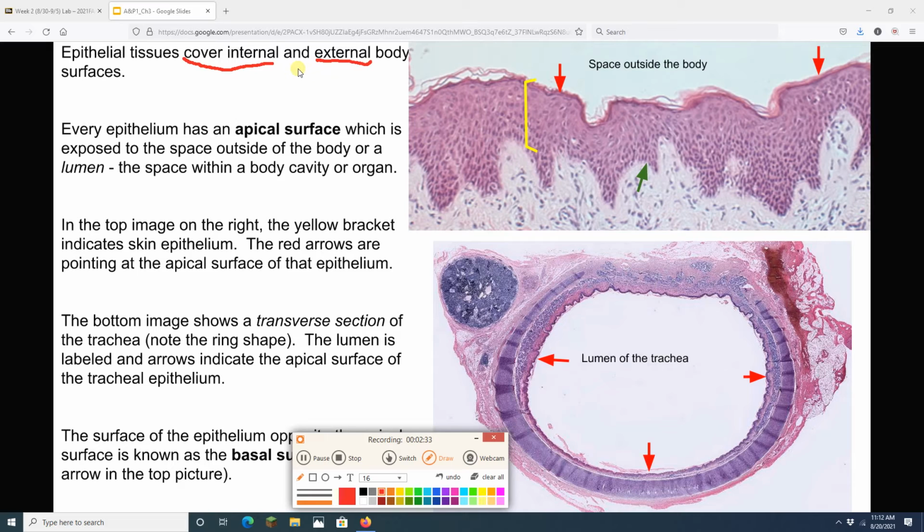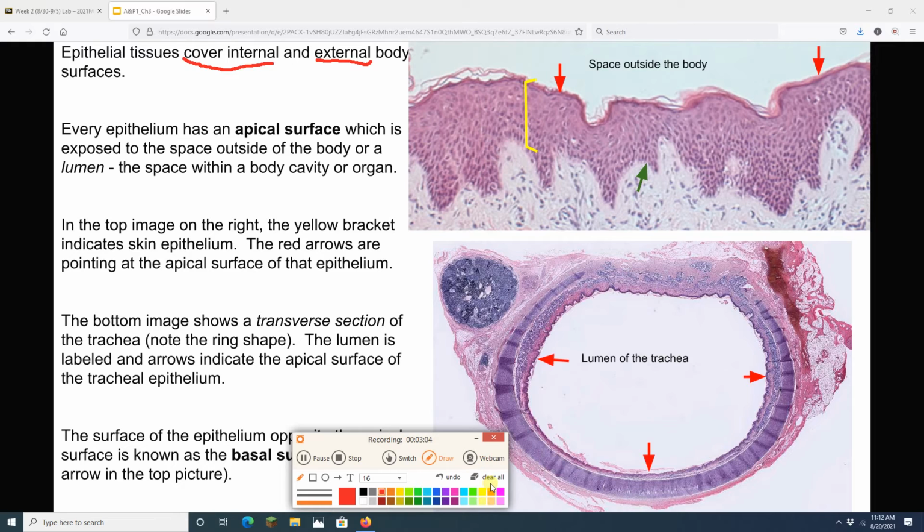Now, every time you have an epithelium, there is going to be some sort of neighboring space. So this right here where this yellow bracket is, this is an epithelium. So there's space next to it. This purplish line that the red arrows are pointing at, that's an epithelium. There's space next to it. So there is always a space next to an epithelium.